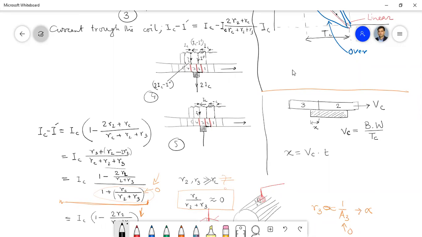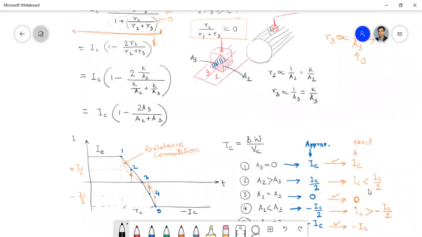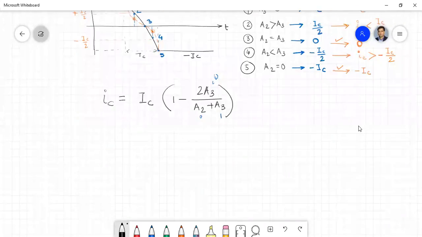So therefore in place of vc, if we substitute, we can write brush width into t by Tc, isn't it? So why are we writing this? Let us come to some blank position so that we can discuss.